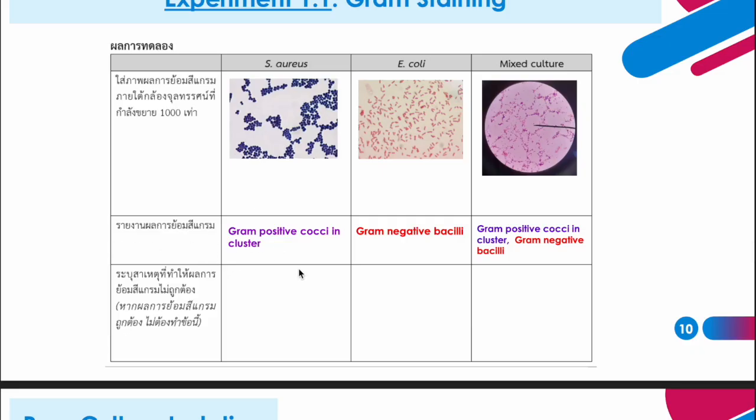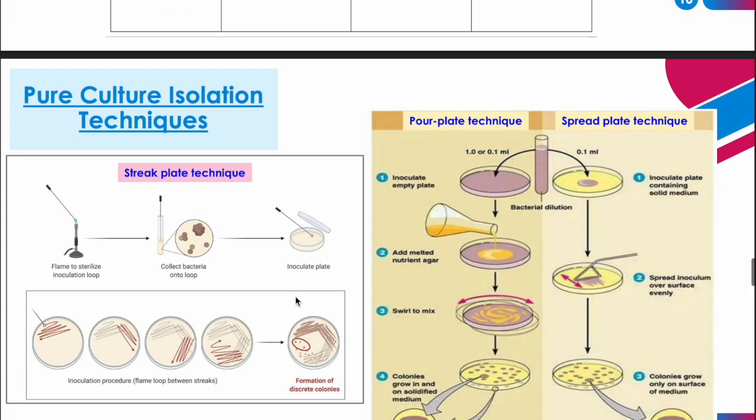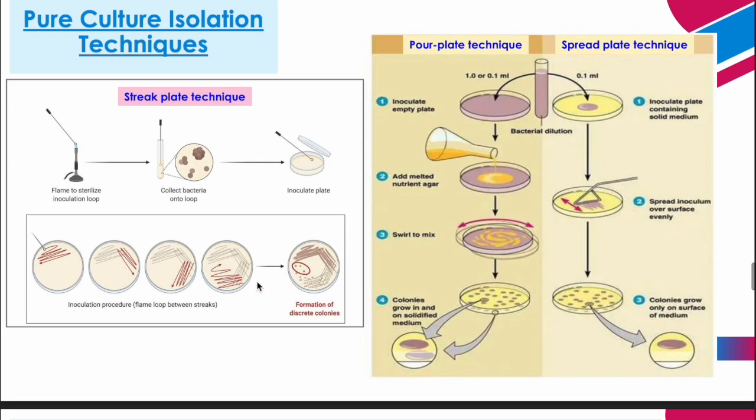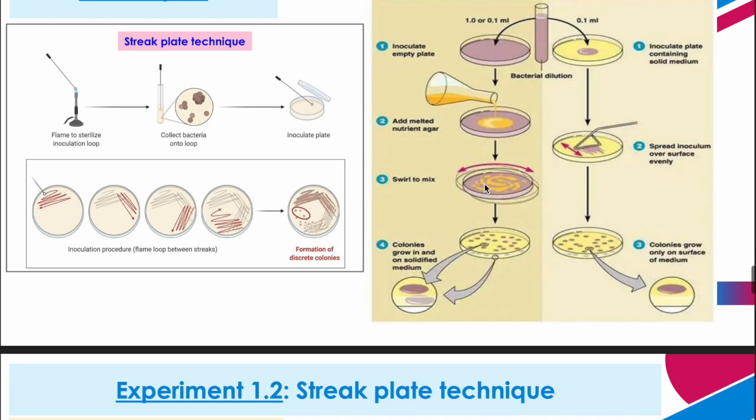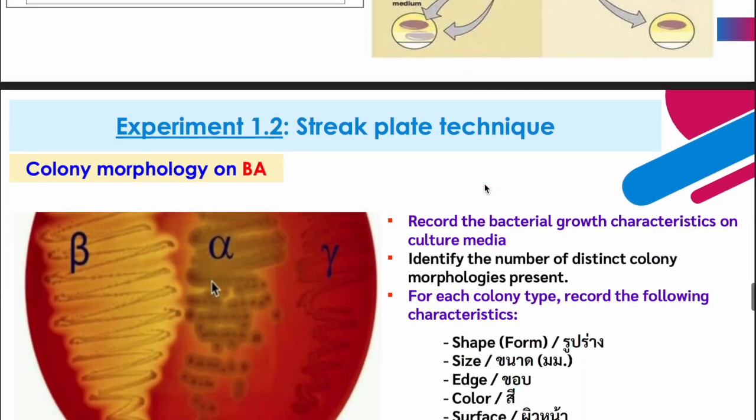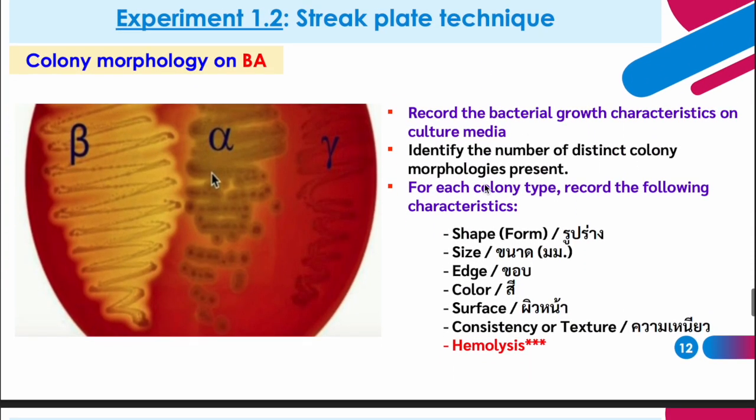And also if you have some incorrect answer, you have to report why it's wrong. After that, here are the pour plate technique and the streak plate technique that we will not do in this class. We will learn them in the next topic.